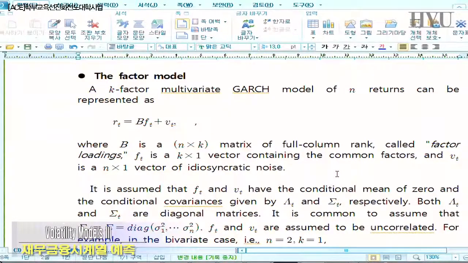Why does Samsung vary? Well, if you think of this one as the KOSPI, because the market varies, this beta is some vector of coefficients. So if the market varies, Samsung varies.